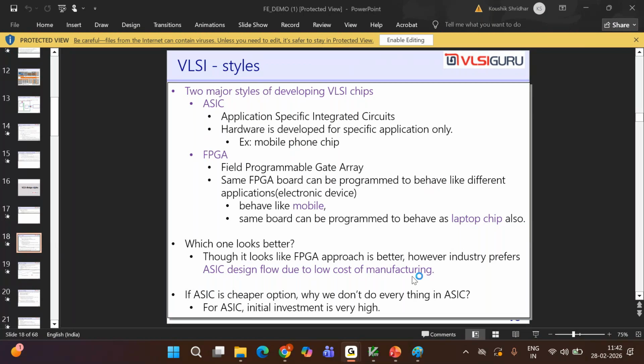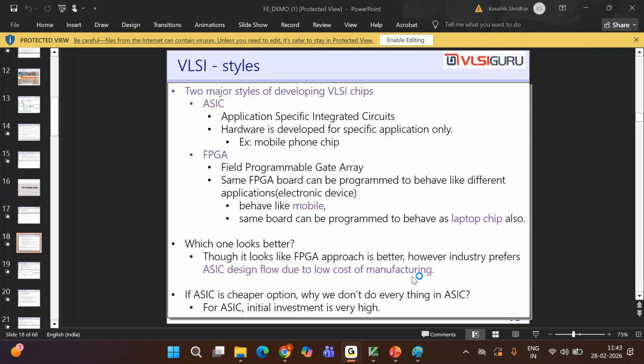See, for FPGA, the cost of manufacturing will be more compared to ASIC. Why? Because ASIC chips are developed in mass production. It's not like a mobile phone is built in hundreds. Suppose the Samsung S26 mobile phone has launched. That mobile phone is not manufactured in only 100 or 1000 numbers. Do you agree?